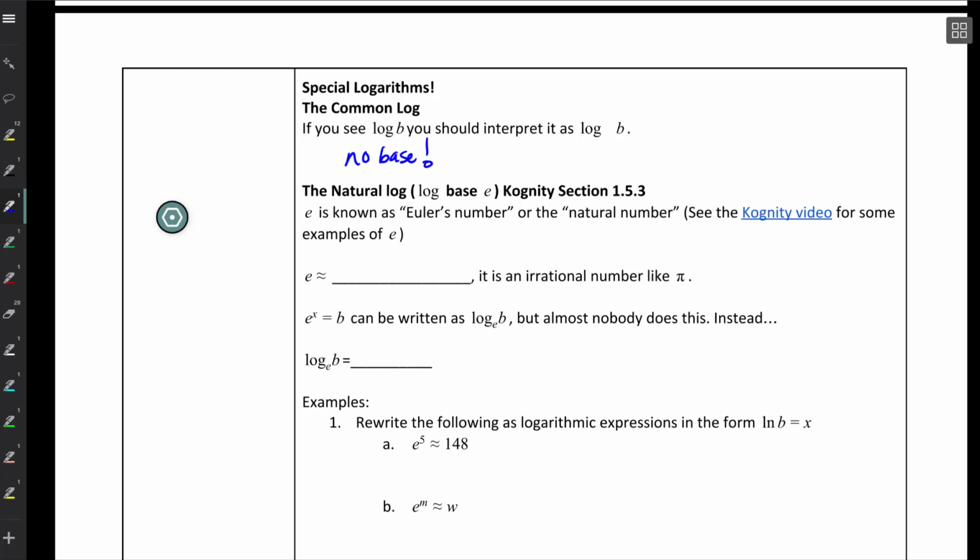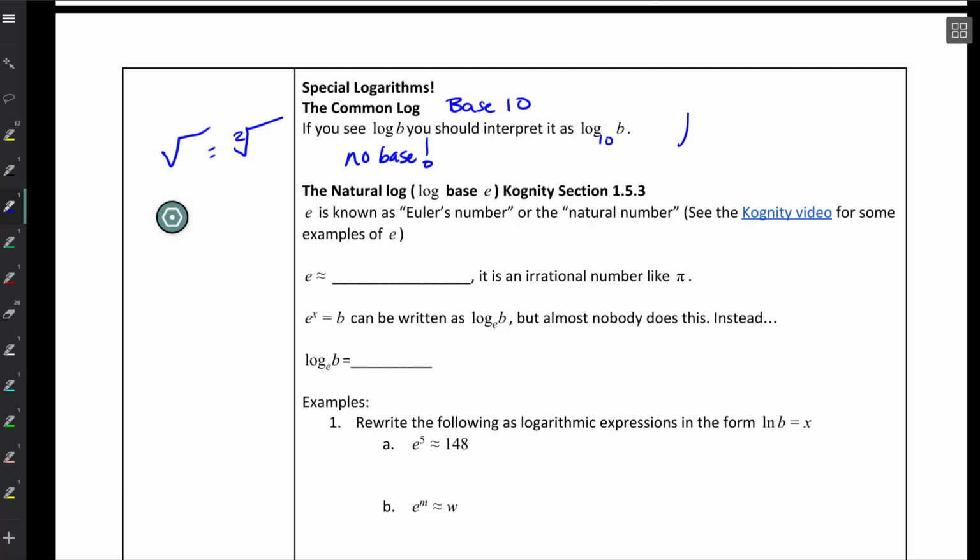Well, very similar to where the square root has an index of 2, but we don't actually write that index because it happens so commonly. We actually have this thing called the common log, and the common log is where we use base 10. So if you see log of b, there seems to be no base. You should interpret it as log base 10 of b.